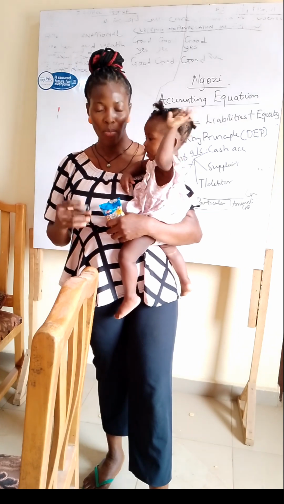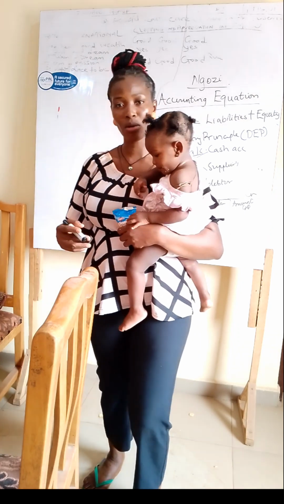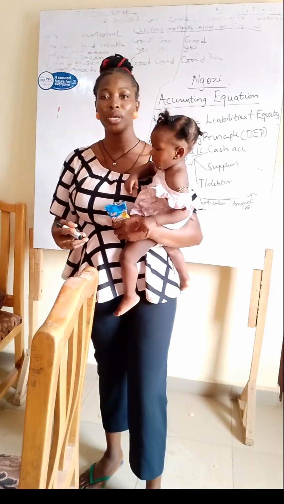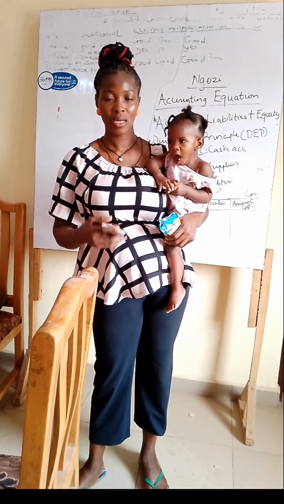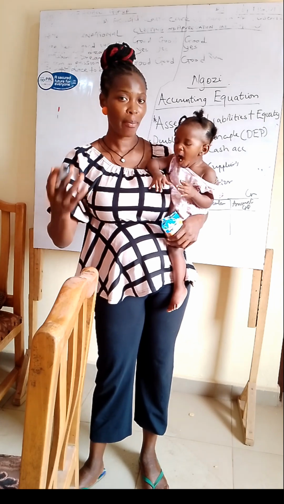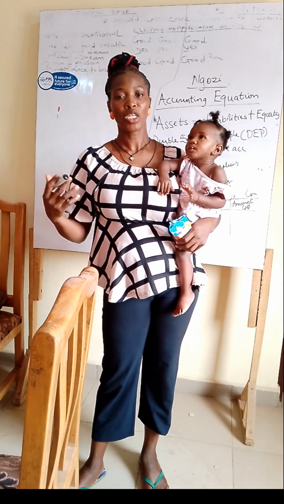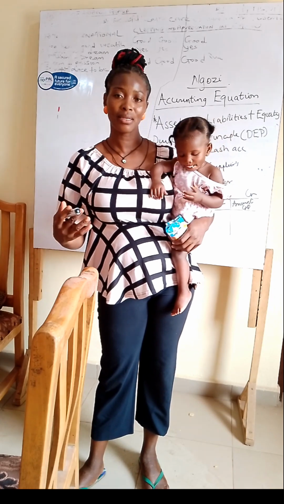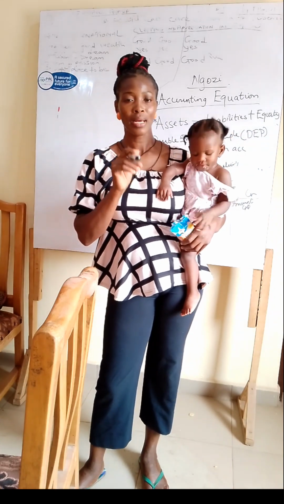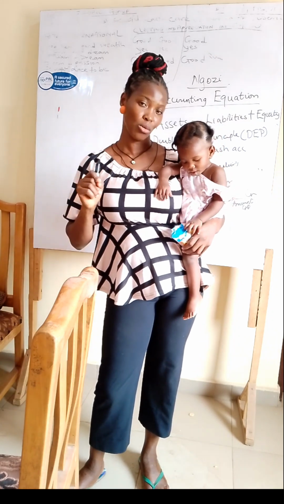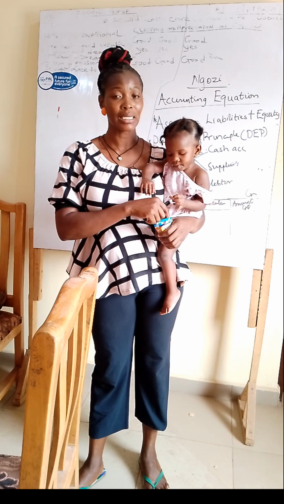Now, because this money, the sum of 100,000 naira which Mr. Obi would receive from his father, is to help him start his business, that money is capital. Because he's using that money to start his business. And so therefore, we have to open a capital account. Every transaction must be translated.